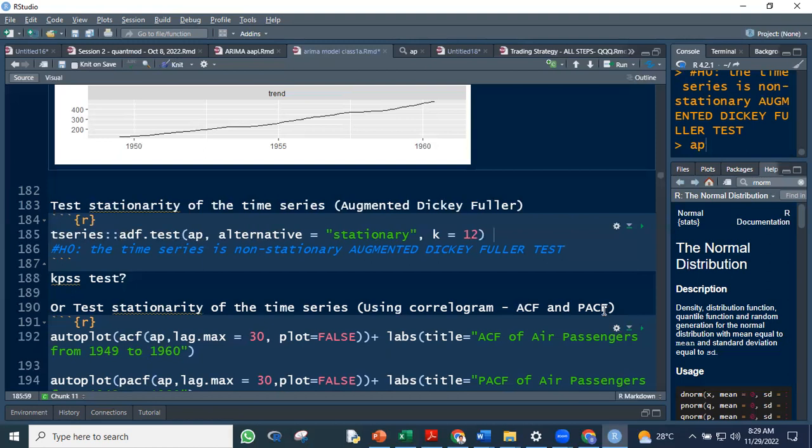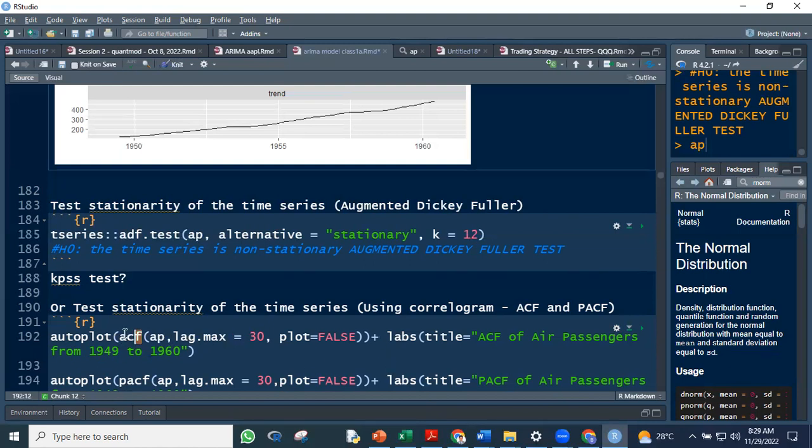For example, is lag 1 correlated? That is, are my data points at time t correlated with time t minus 1? How about our data at time t and time t minus 2? So we look at the correlation of our data at a certain time versus a certain lag. The function to do that is autoplot.